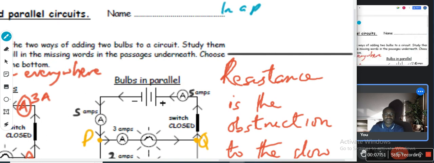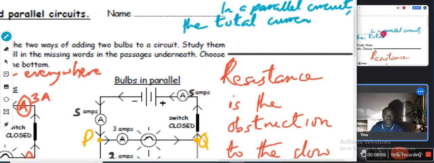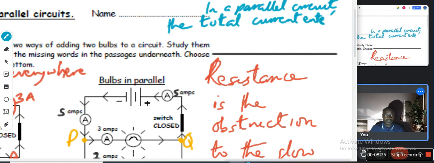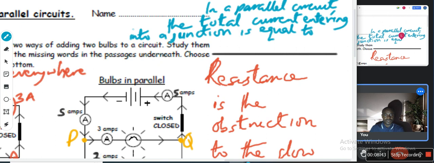In a parallel circuit, the total current into a junction, or entering a junction, let me use a simpler word, the total current entering into a junction is equal to the total current flowing out of the junction.